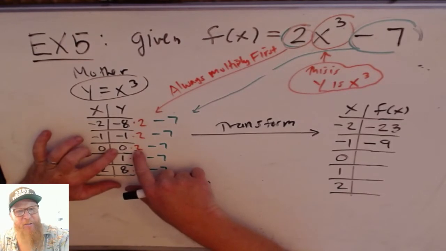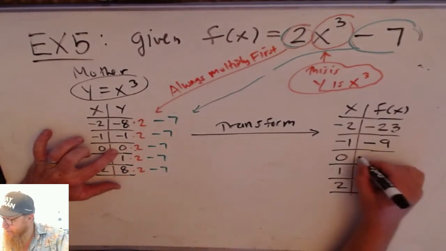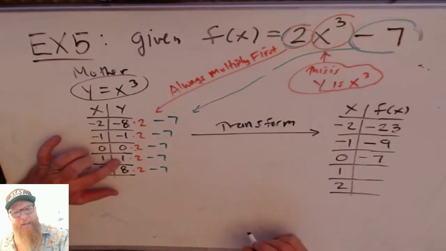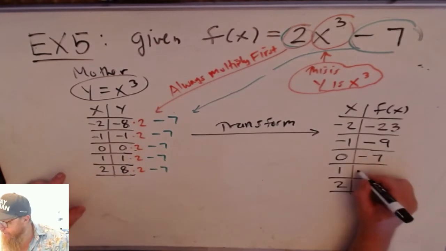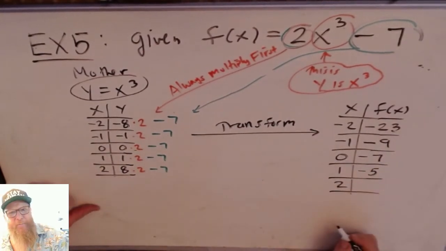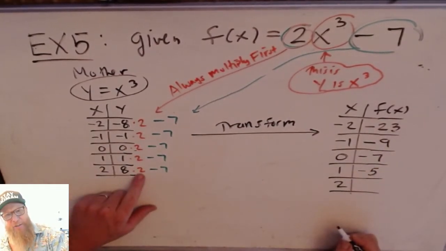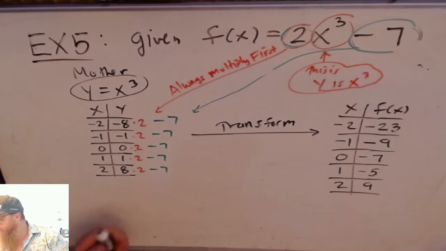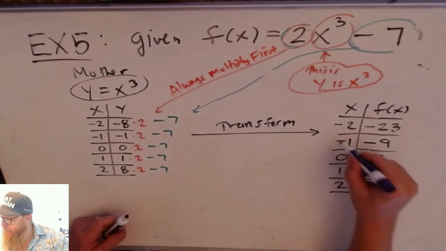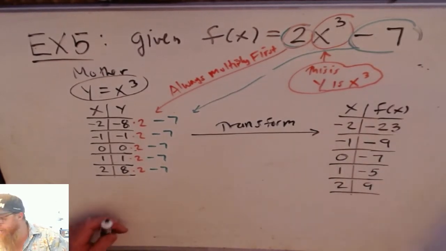0 times 2, that's just 0. And then -7 just becomes -7. 1 times 2, that's 2, and then -7 is -5. 8 times 2 is 16. 16 minus 7 is 9. Just for practical purposes, I'm only going to graph these ones.